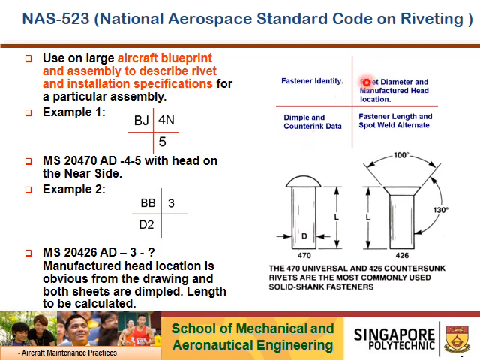The top right quadrant denotes the rivet diameter, and where we install the manufacturer head. Using this example here, we have a BJ, and we know that's MS20470AD. For the N, the 4 represents the diameter of the rivet.